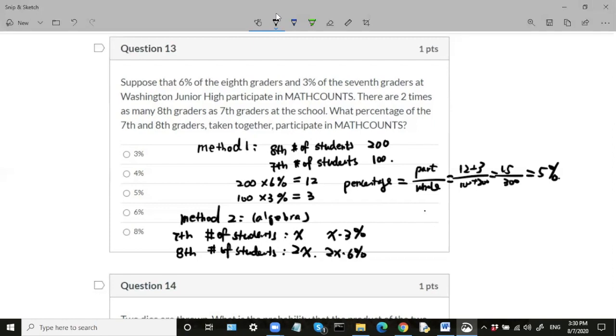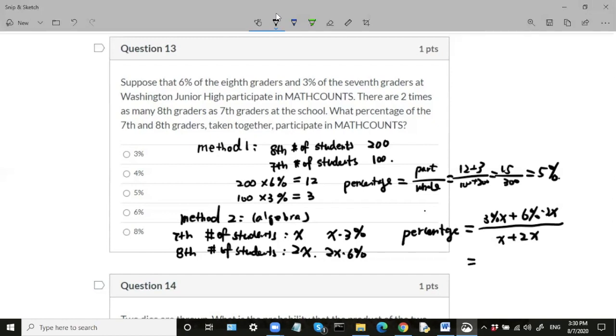So then we have the percentage equals 3% X plus 6% 2X, divided by the total students of 8th grade and 7th grade, X plus 2X.